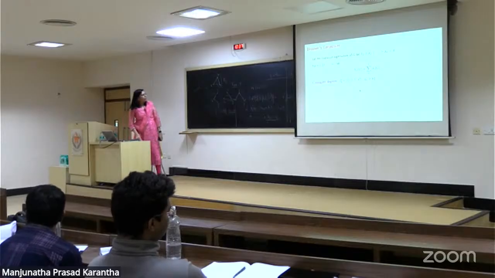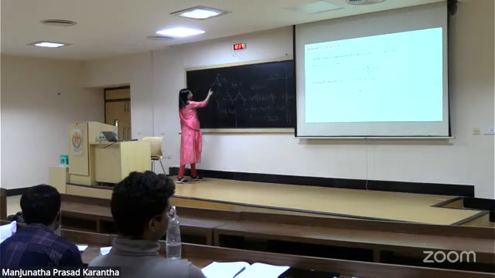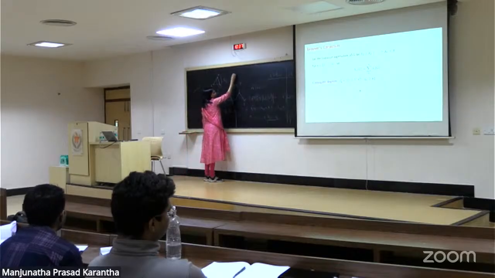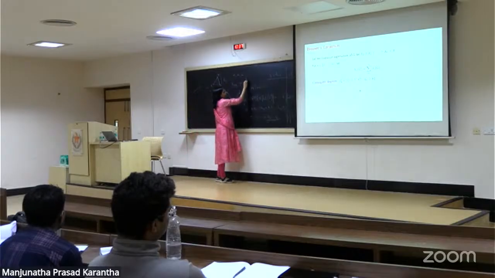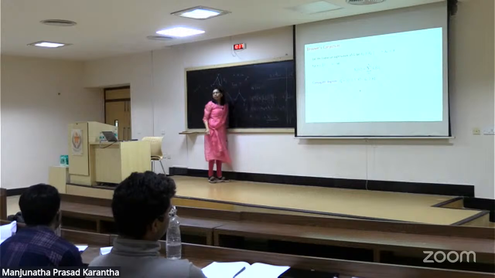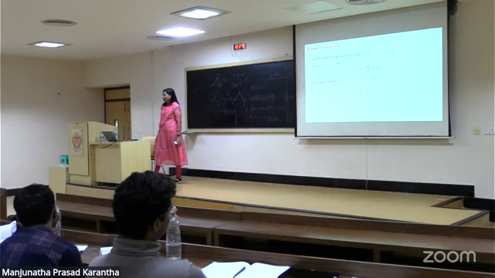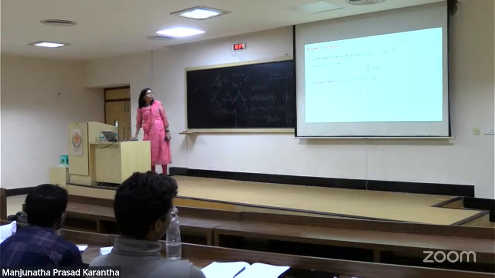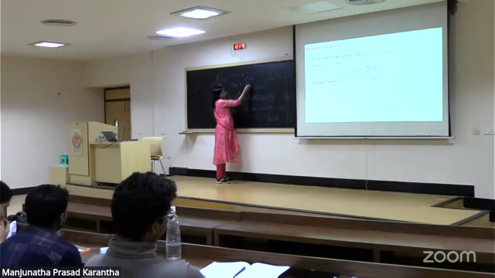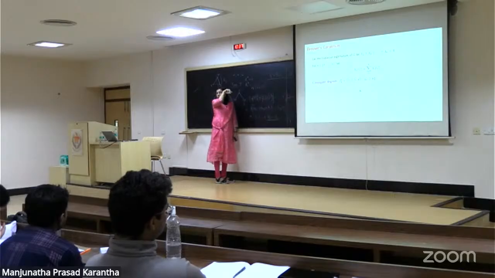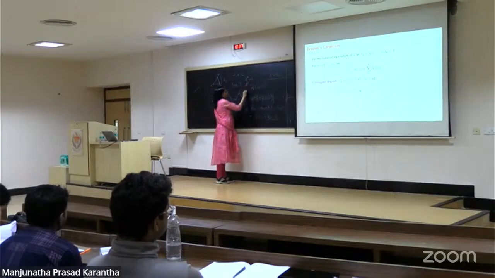So if you take a graph, this is the graph. Here your degree sequence is d1 is 2 and this is 2. Now d1 star is how many degrees are greater than or equal to 1. Similarly d2 star is how many degrees are greater than or equal to 2. d3 star is how many degrees are greater than or equal to 3.